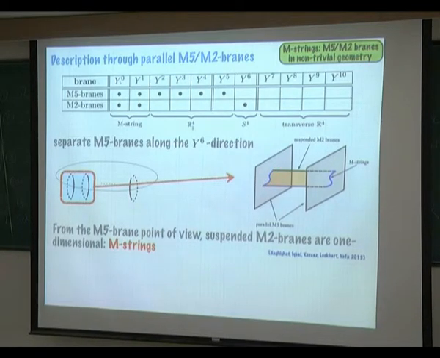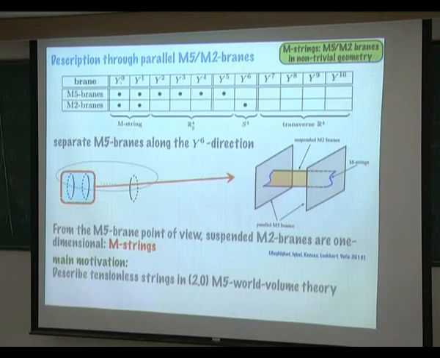So what they argued is, let us describe this whole system from the perspective of the world sheet theory of these strings, which is termed the M-strings picture.